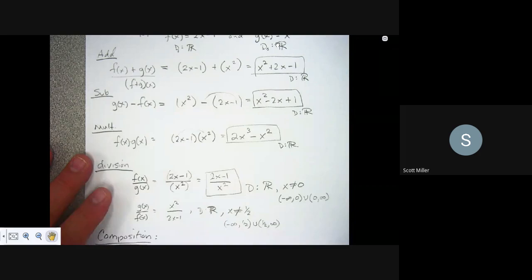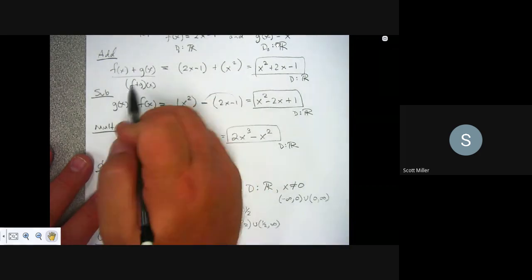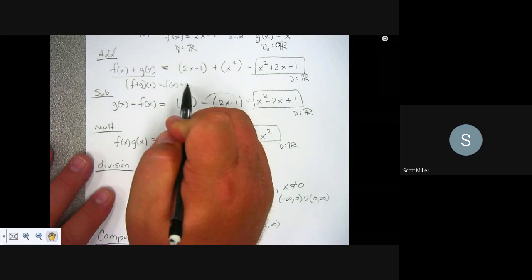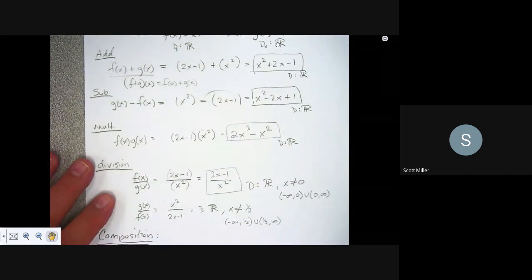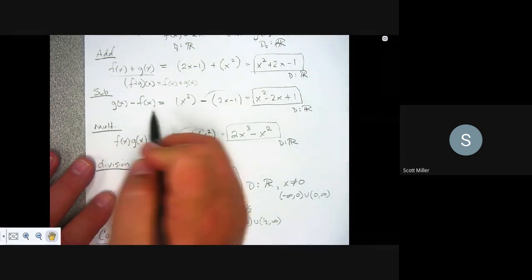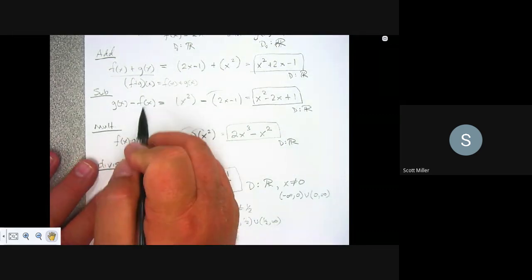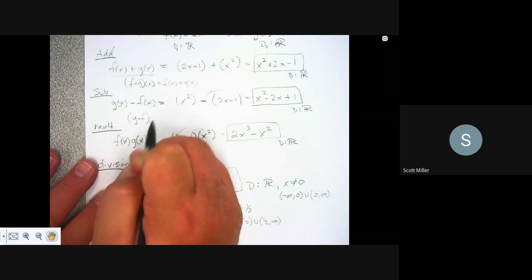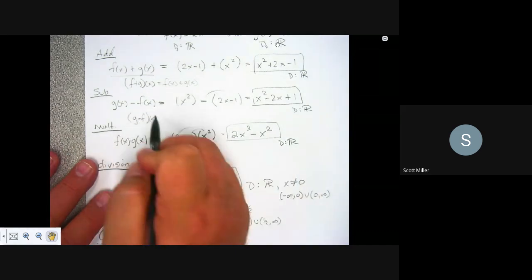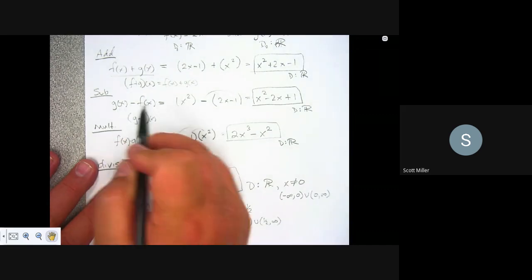So what I usually recommend is, if you see this notation, rewrite it as this notation and then do the problem. It solidifies it in your mind. That is my recommendation. This one, because I wrote it this way, would be g minus f of x. That's the notation that represents that one.